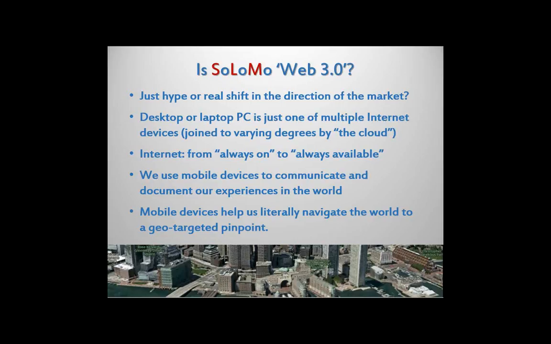And now with the way things are geo-targeted and geo-fenced, we have to be in that space. We have to be in that social, local, and mobile space if we're a small or medium-sized business that wants to reach our customers and be more effective.